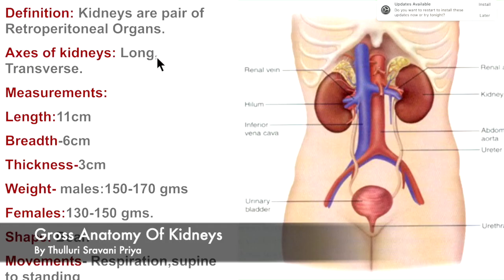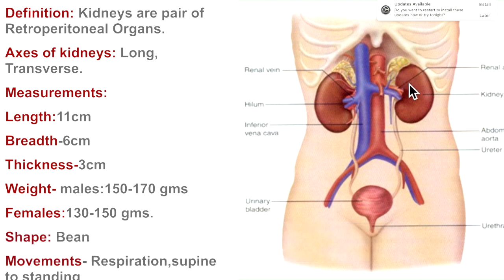Now we'll see the axis of the kidney. The long axis passes from the upper pole, and the kidneys are directed downwards and laterally. In the transverse axis orientation, the kidneys are slightly backwards and laterally.